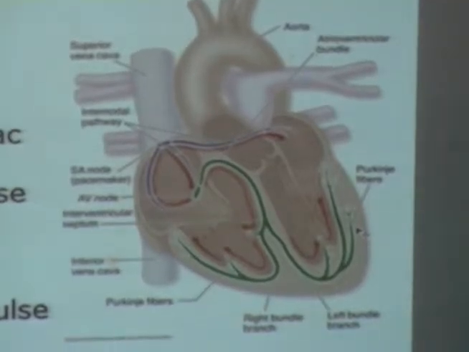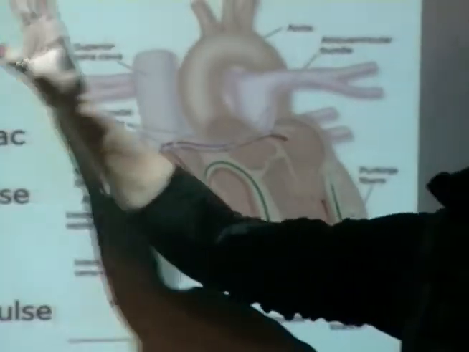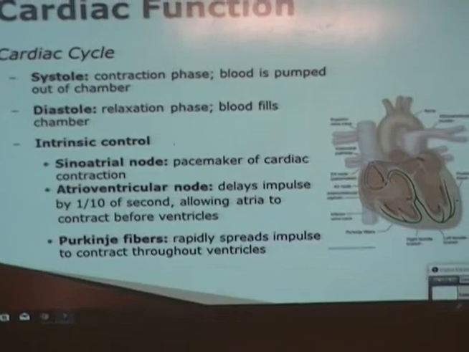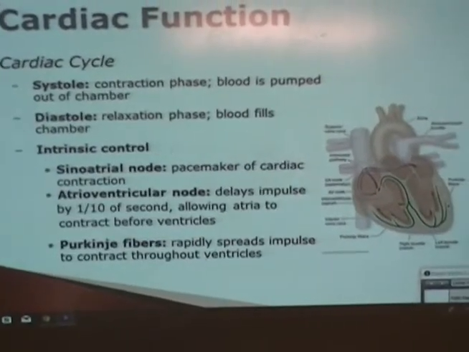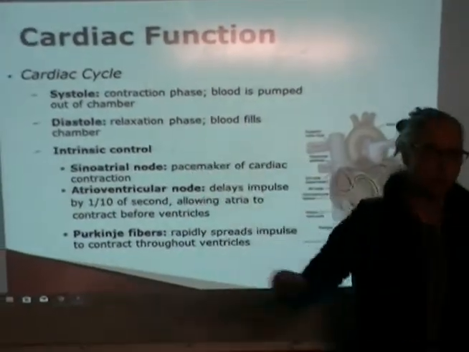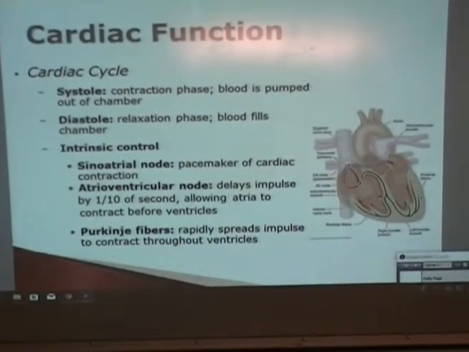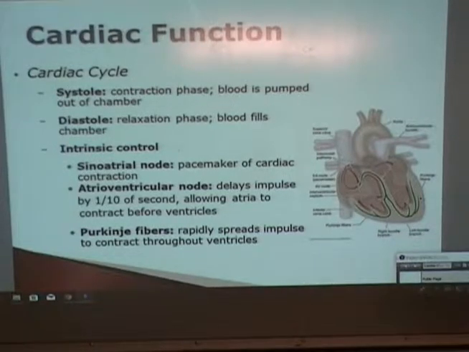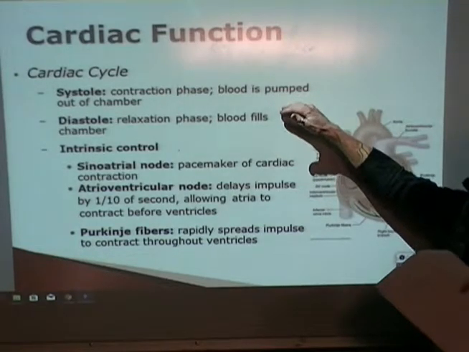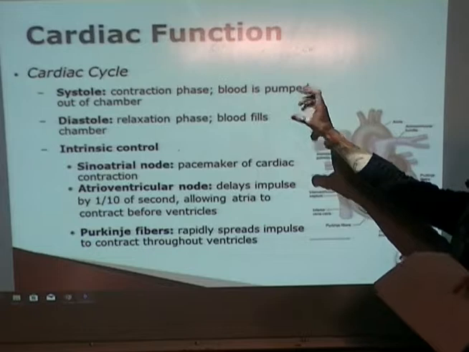When we look at the cardiac cycle, in lab last week we were looking at blood pressure, and we said the high number is the systolic pressure. Systole is the contraction phase of the cycle. When the atria and then the ventricles are contracting hard, that lifts the pressure in the system, so the high number is the systolic pressure.